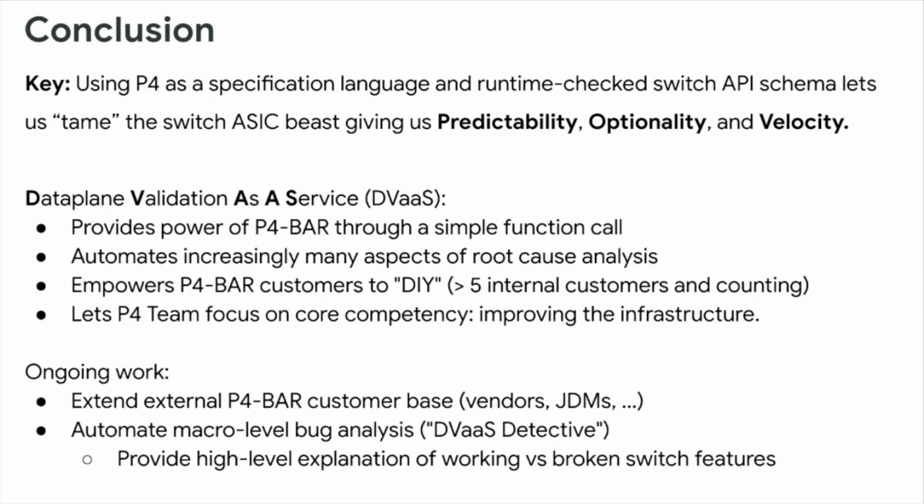Does that answer the question? We don't support any externs beyond the ones in V1 model, and at the moment we don't require any. But this is because the things we model are pretty simple. So we haven't run into that problem yet.